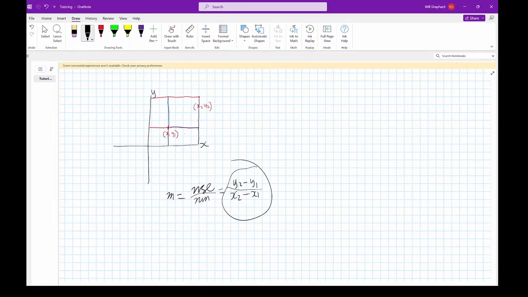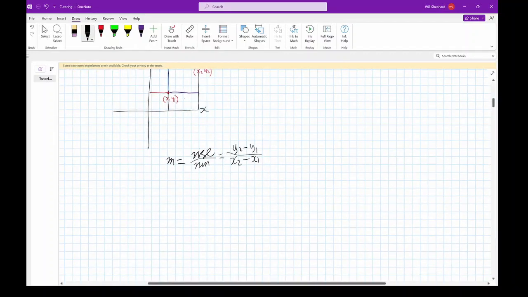That is why we get our super duper magical formula, which is going to be your favorite equation for the next little while. And that's going to be m is equal to y2 minus y1 over x2 minus x1.